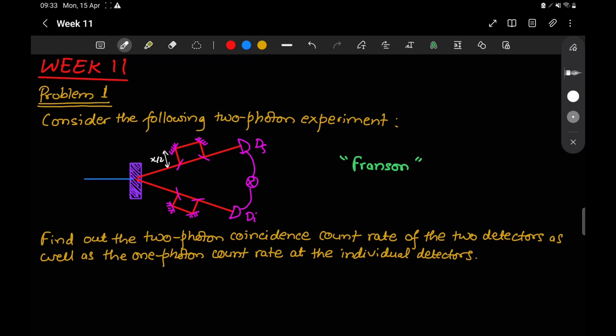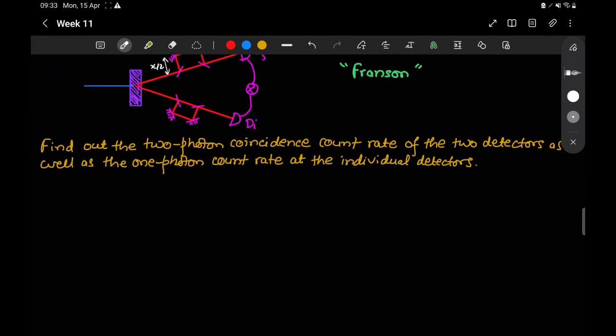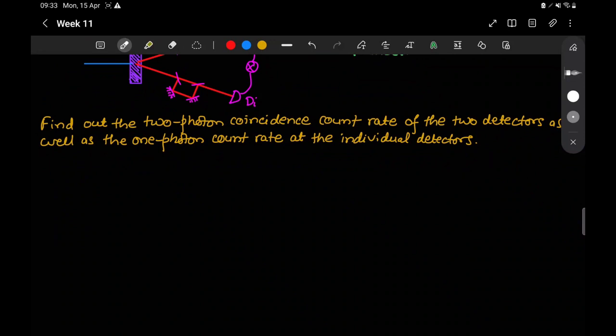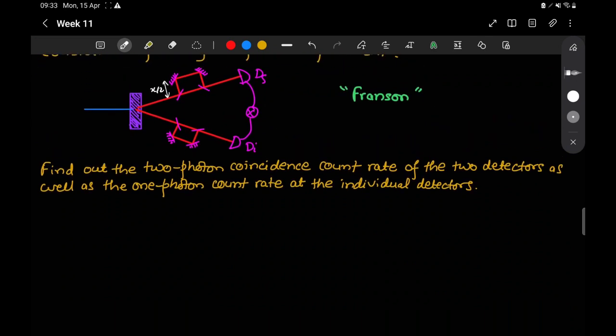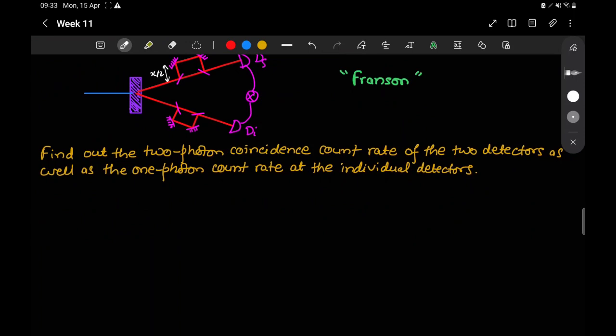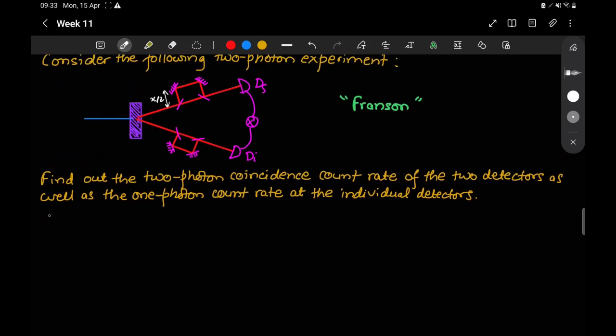Okay, so let us now discuss the solution. So first we'll make one assumption.